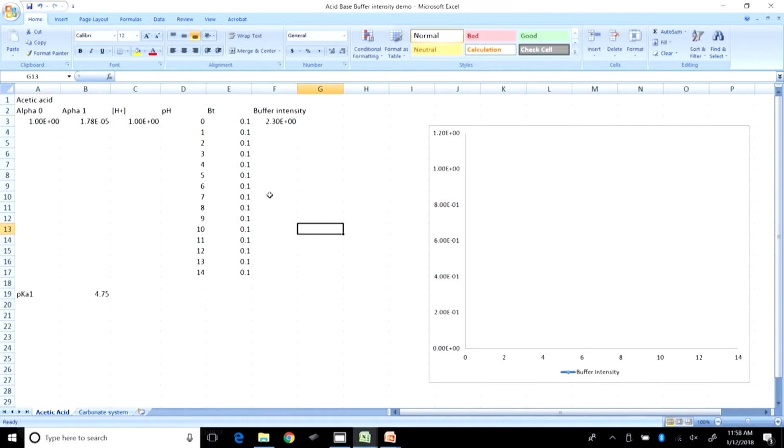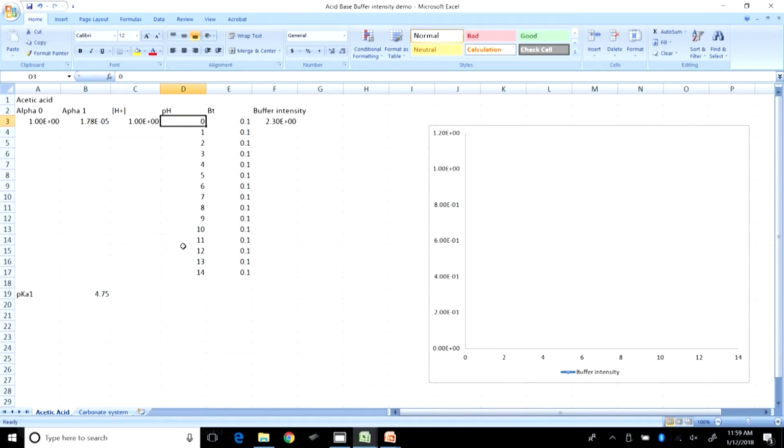So we are trying to calculate the buffer intensity and how it changes with pH for the system where we have acetic acid and the total acid or base present is 0.1 molar. I already set it up so that we can save time.